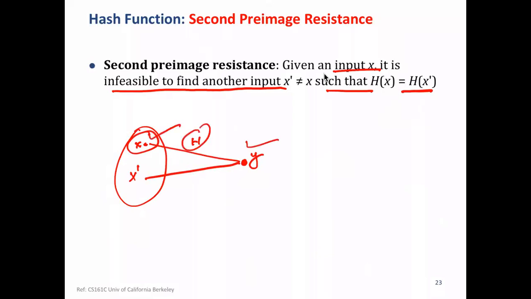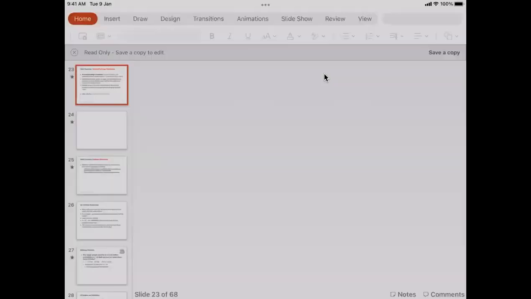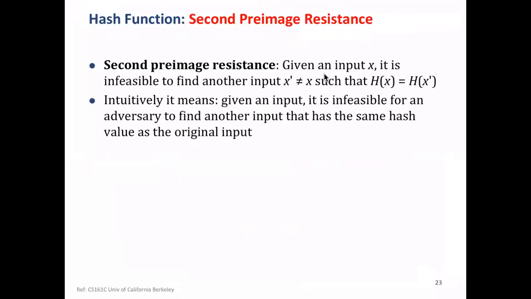From this, y is also known. Now your challenge is to find x dash, which also hashes into the same value of y. Intuitively, given an input, it is infeasible for an adversary to find another input that has the same hash value as the original input.